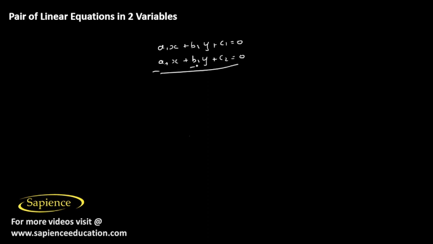So when we subtract them, both the x term and y term will get eliminated. We will have c1 minus c2 equal to 0. In such cases, if this equation we are getting at last is true, then the two equations have infinite solutions.